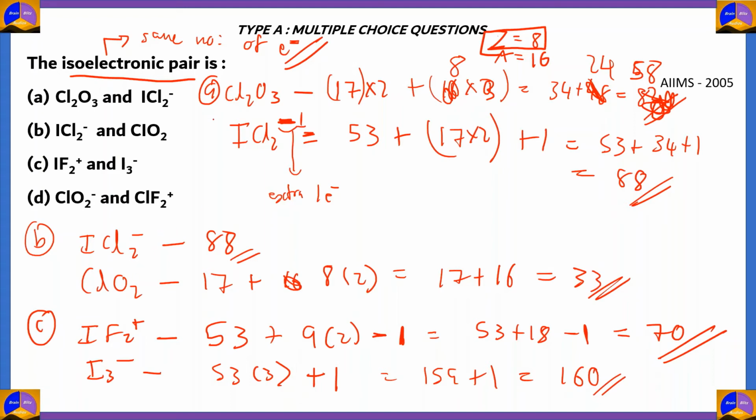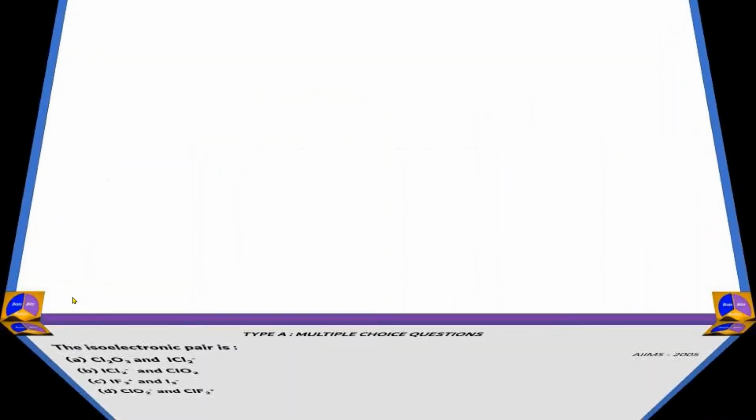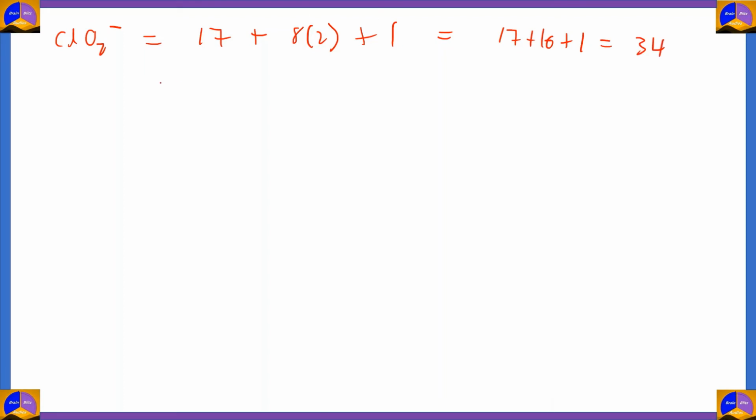So from all of these, option D, ClO2 minus and ClF2 plus, should be the right option. But let's prove it. ClO2 minus: chlorine is 17 plus O2, which is 8 times 2, and then there's a minus, so plus 1. 17 plus 16 plus 1 is equal to 34.